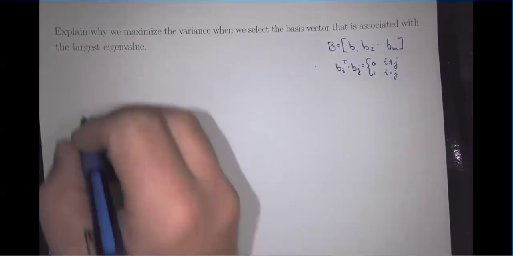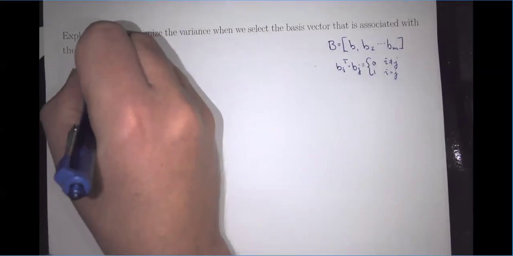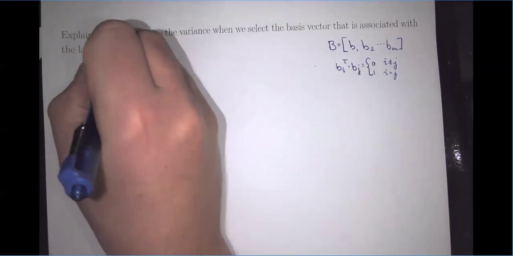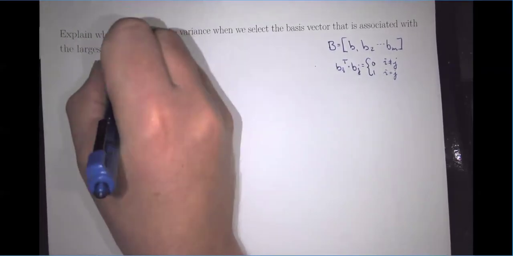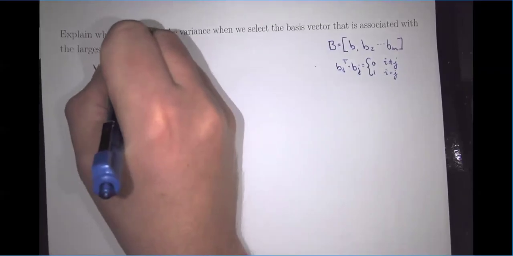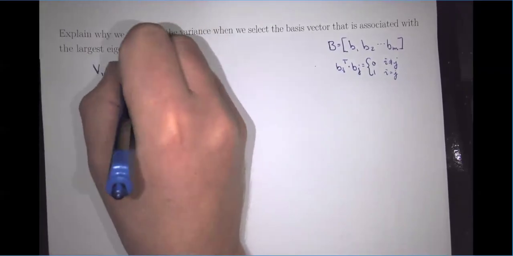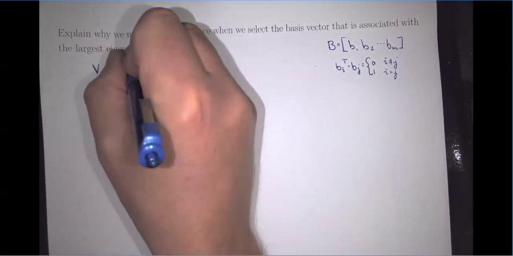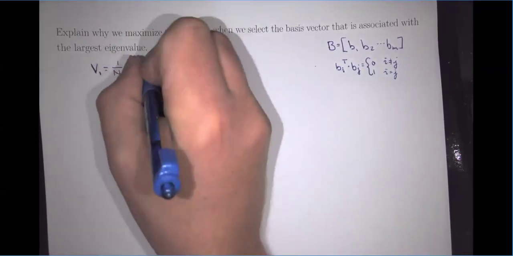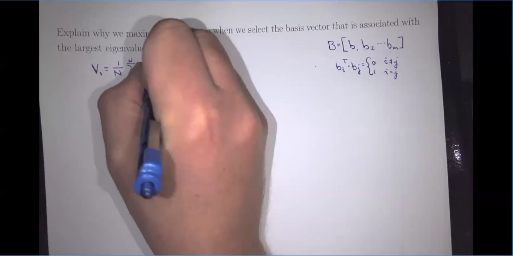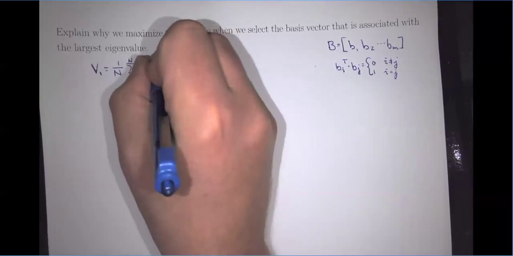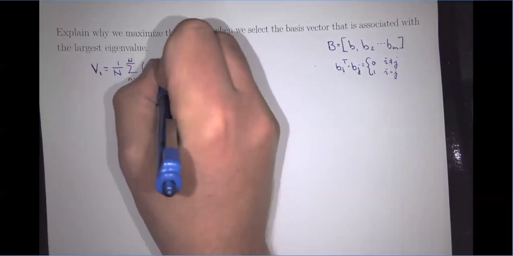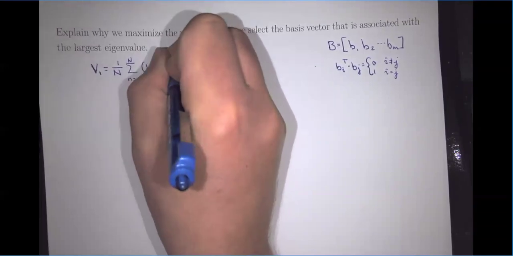And as a result, that means the variance, we'll call it V1, is equal to 1 over N times the sum from 1 to capital N of B1 transpose xn squared.